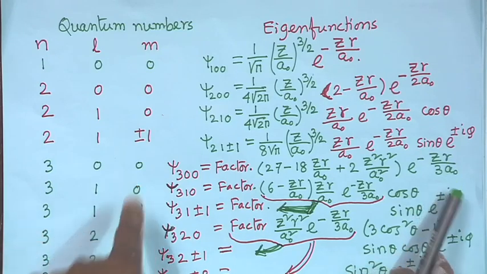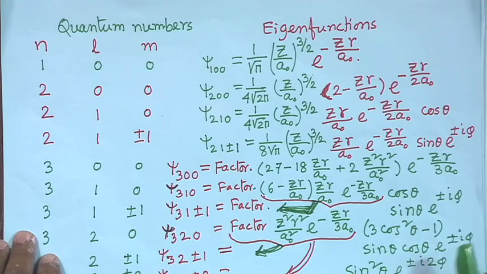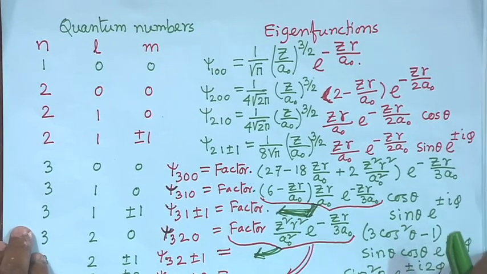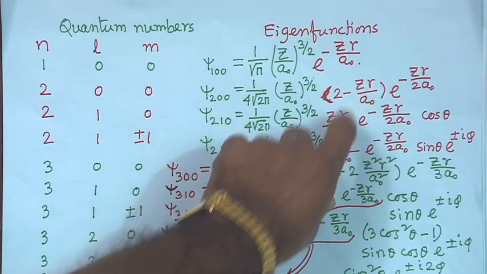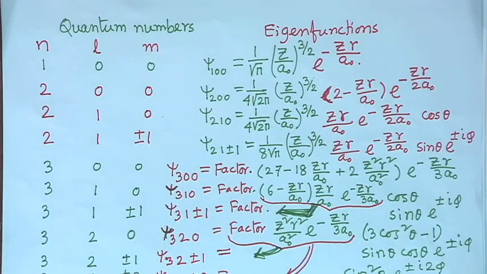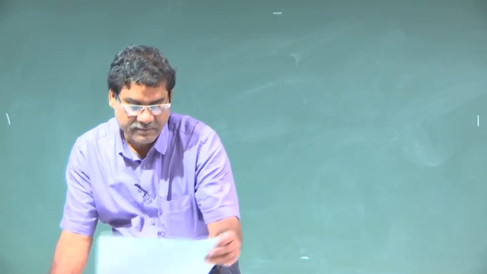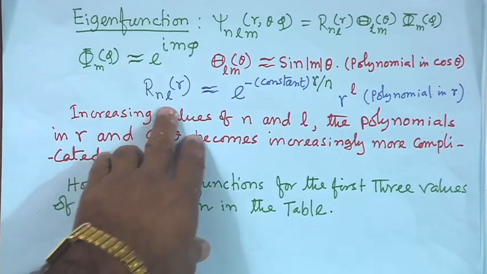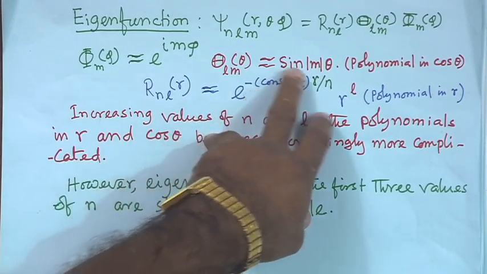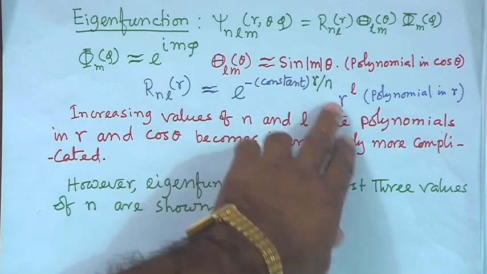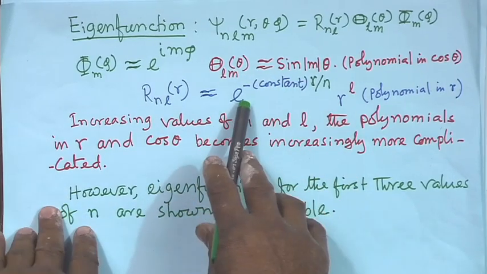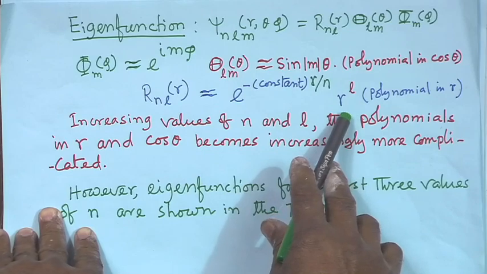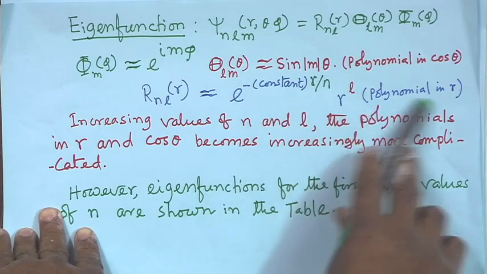Okay. Now, if I take just the radial part, so it is the r dependent part. Then, as I have already shown you, the radial part R n l has a form like e to the power minus r, some other constant, and n is there. So, it depends on r. So, there is an exponential term, another is r to the power l, okay, and a polynomial in r.